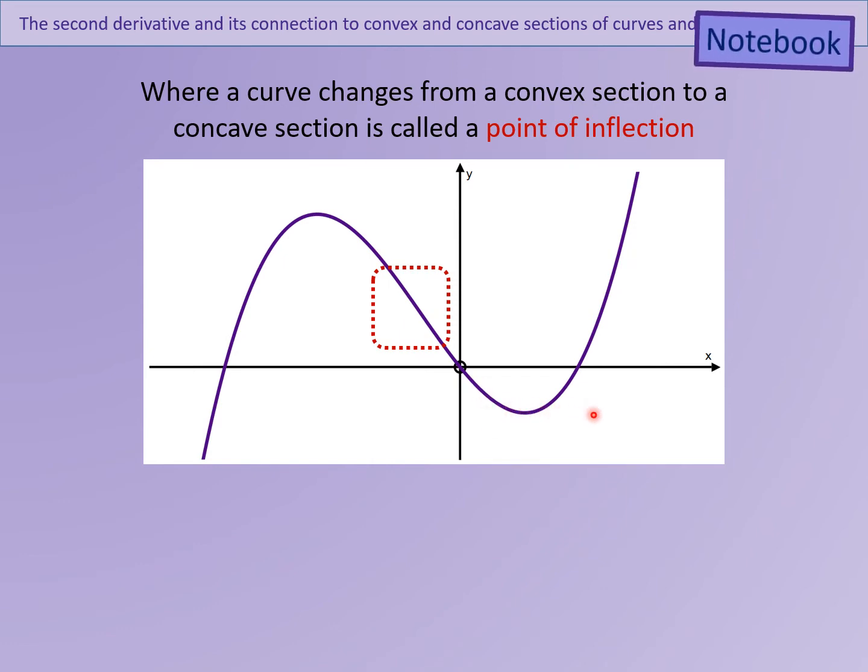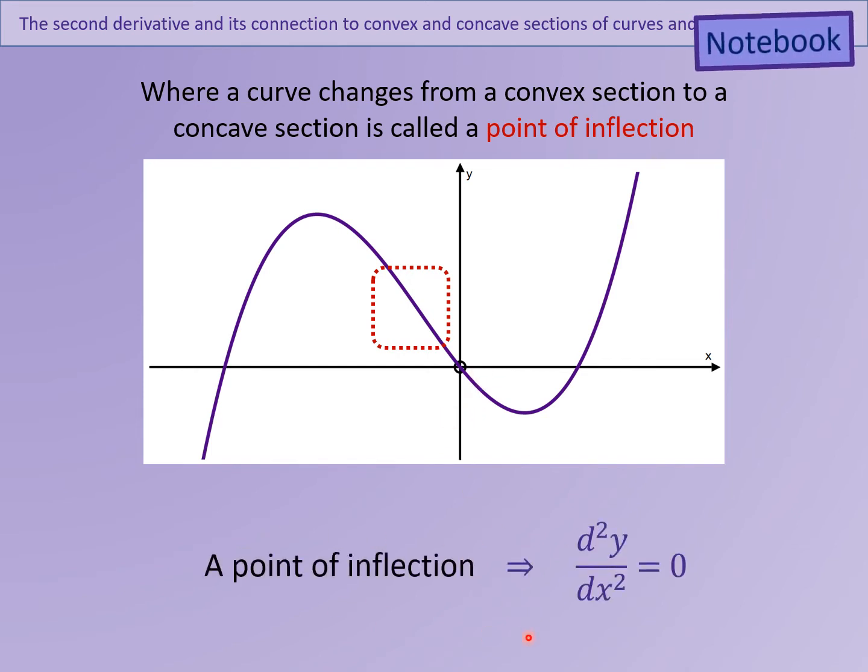We can see that the tangent line will be here on this side. So it changes from that side to that side. And the moment it changes is also what we call the point of inflection. It's when we change from convex to concave or concave to convex, but it's also where the flipping point is for the tangent line. So the tangent line was on here, now it's on here. Some point here, the point of inflection, is when that tangent line swaps from one side to the other.